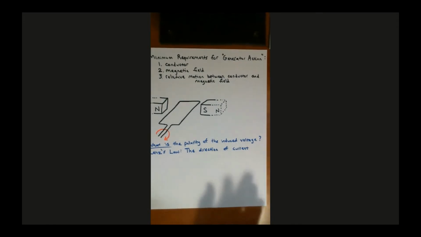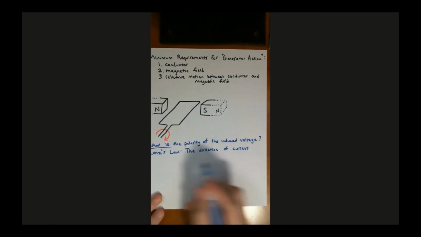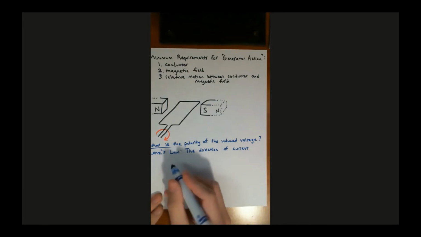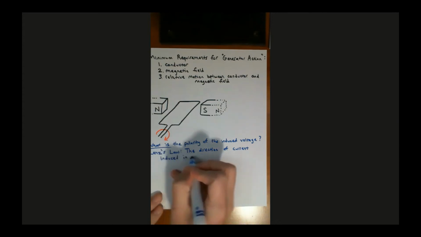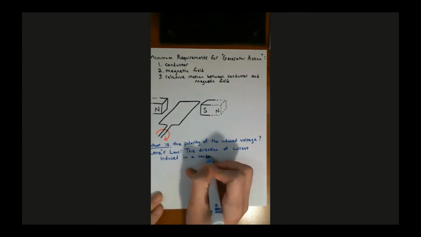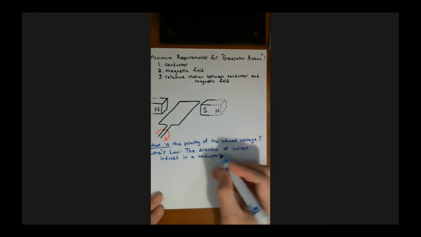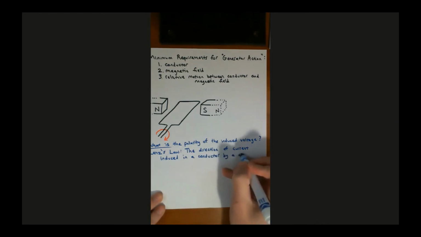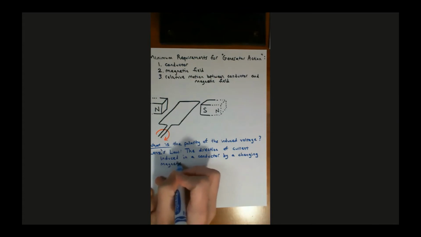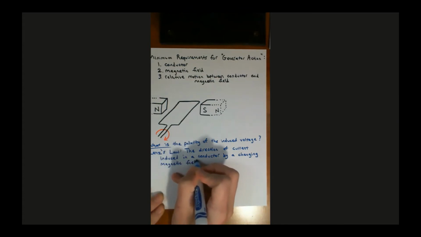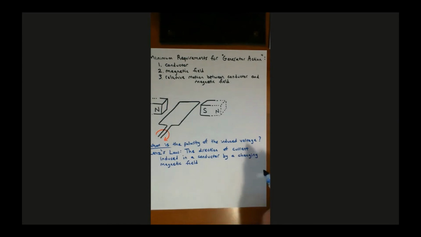So we're not writing all of that, we're just shortening it to say the direction of current induced in a conductor by a changing magnetic field. That changing magnetic field is what's giving us the relative motion.